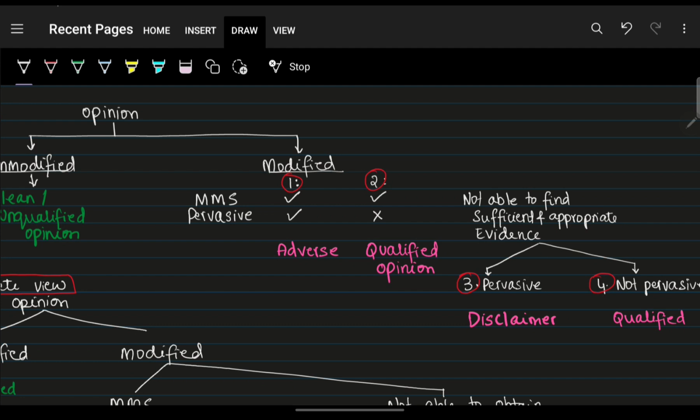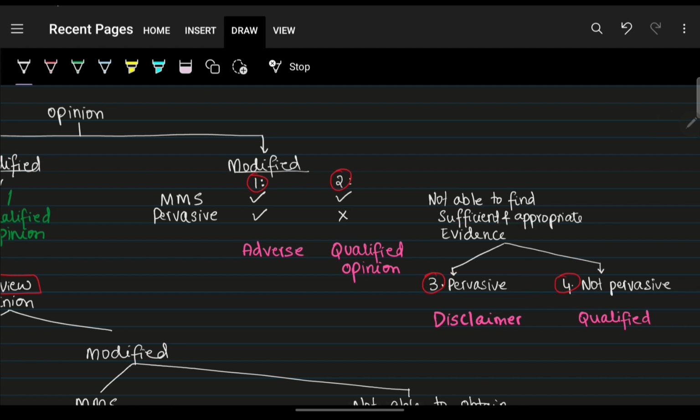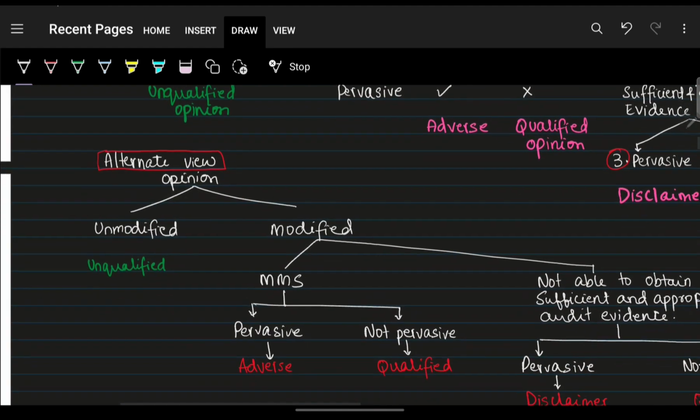If the auditor is not able to find sufficient and appropriate evidence and such item is pervasive, we will give a disclaimer of opinion. If we are not able to find appropriate evidence but that item is not pervasive, we will qualify the opinion. Basically, we will give a qualified opinion.